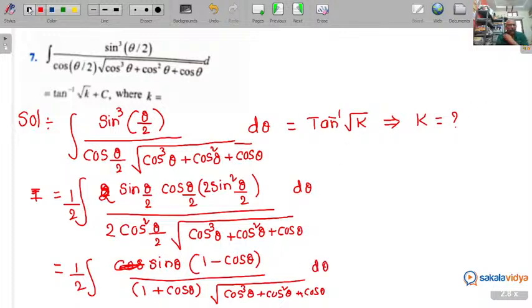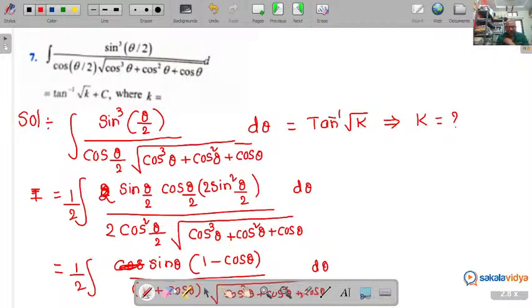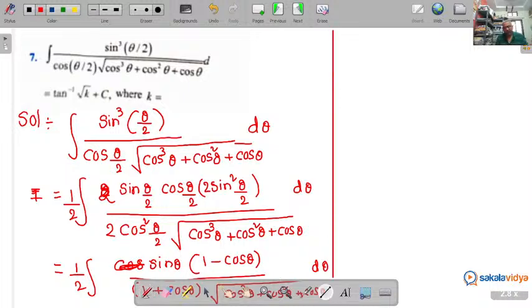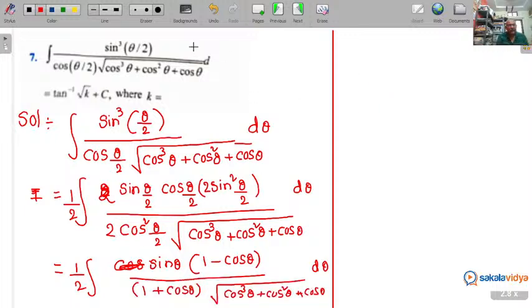Okay, now just remove this one. I'll come back to this one, don't worry. Next, see, now this can be written as, let us say cos theta is equal to t. So differentiate with respect to theta. So dt is equal to minus sin theta d theta.